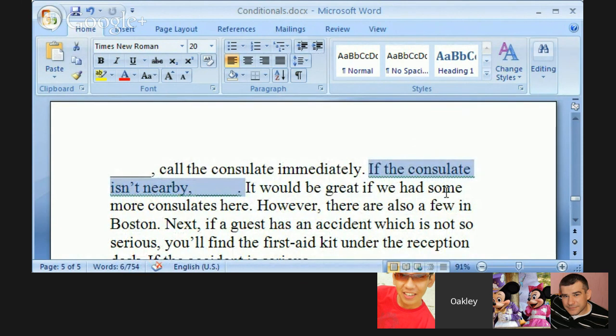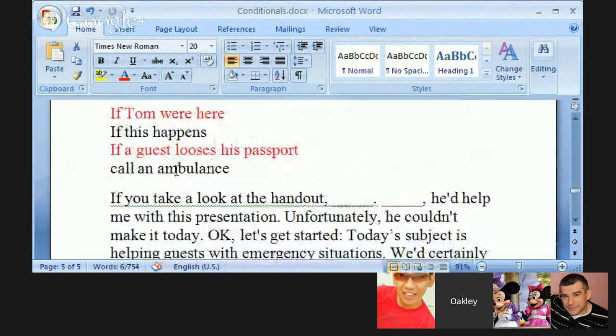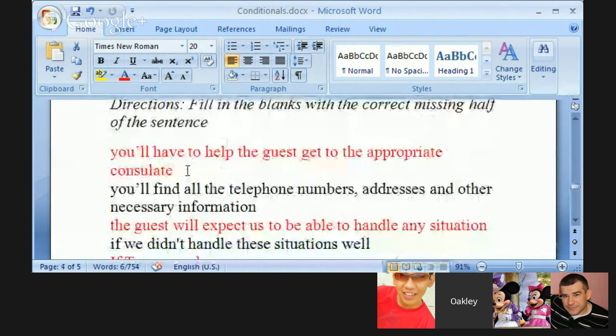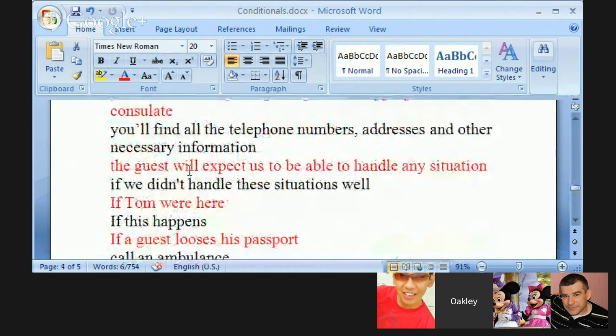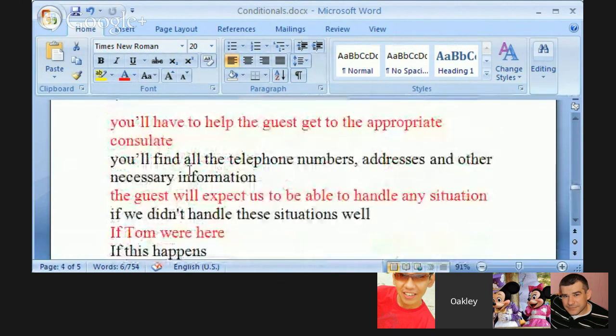Okay, Anna, can you try the next one here? Yes. If the consulate isn't nearby, it is, if the consulate isn't nearby, is present simple.